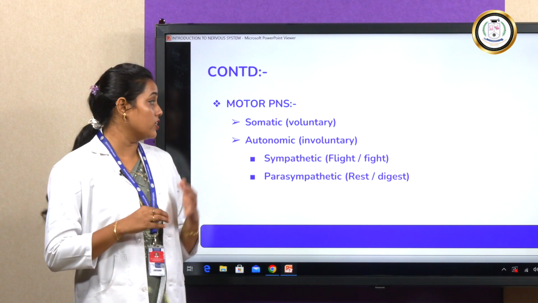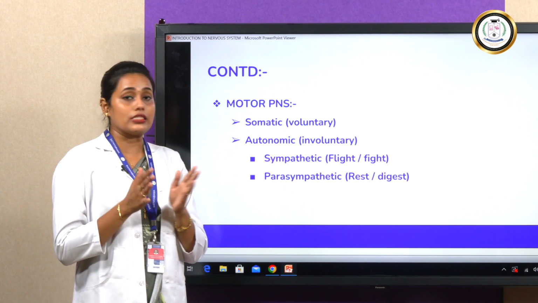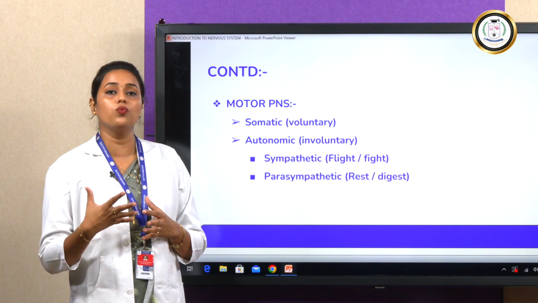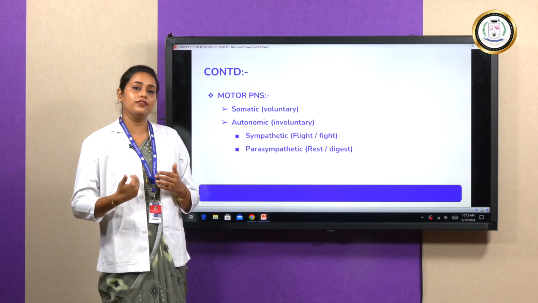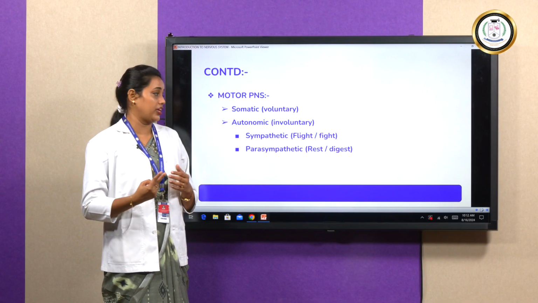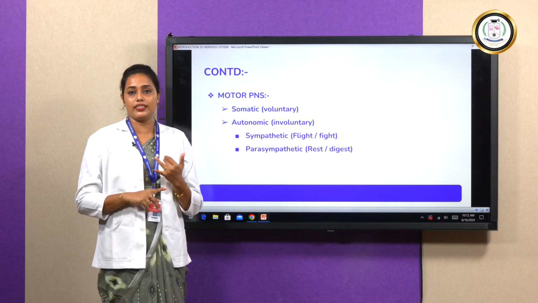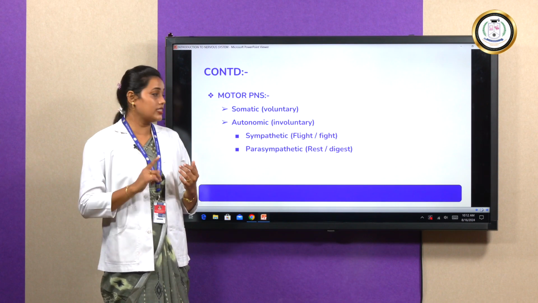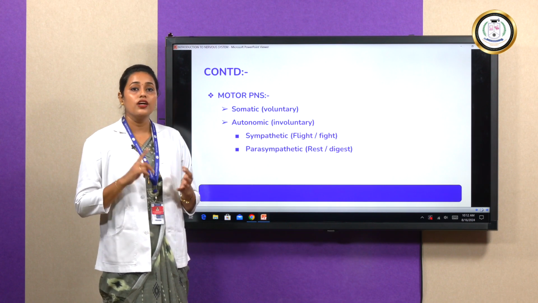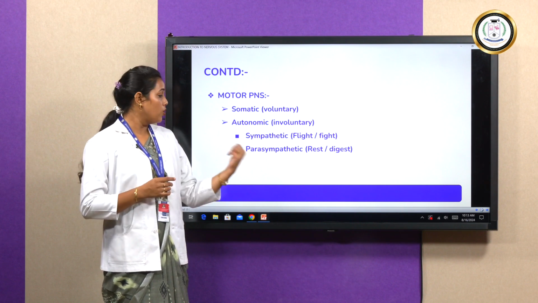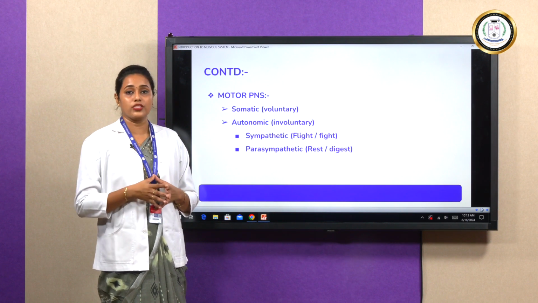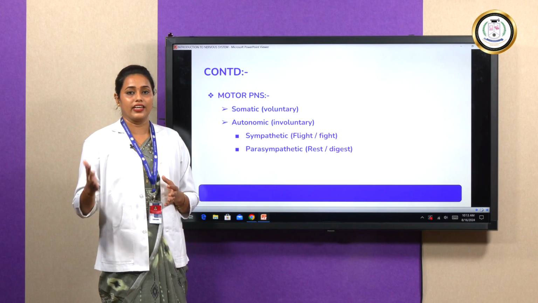The somatic is a voluntary component, whereas the autonomic is an involuntary component. Again, we can divide the autonomic into two classifications, sympathetic and parasympathetic. The sympathetic is responsible for the fight or flight response, whereas the parasympathetic is responsible for rest and digest.